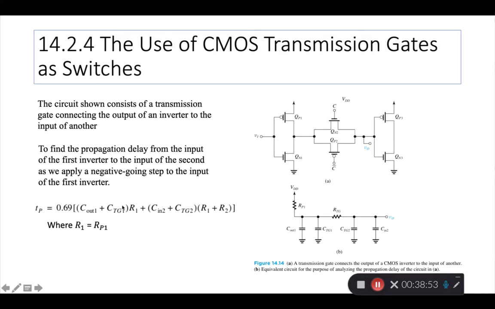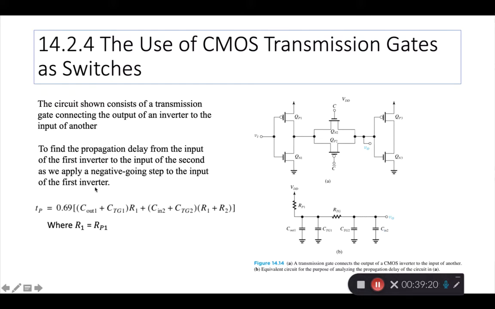To find the total propagation delay, you can convert this into this simpler model, with the transmission gate in the middle consisting of this, and this only RP and C out 1, and this the C in 2, right?